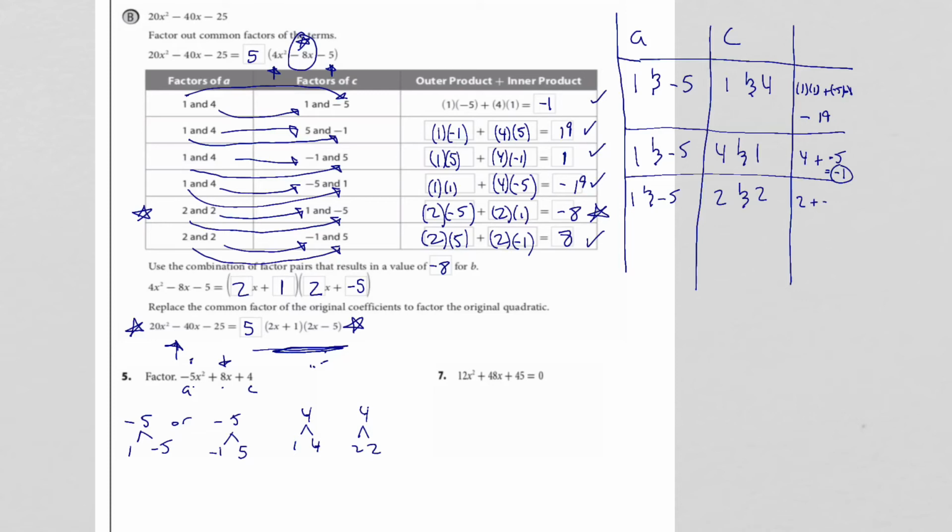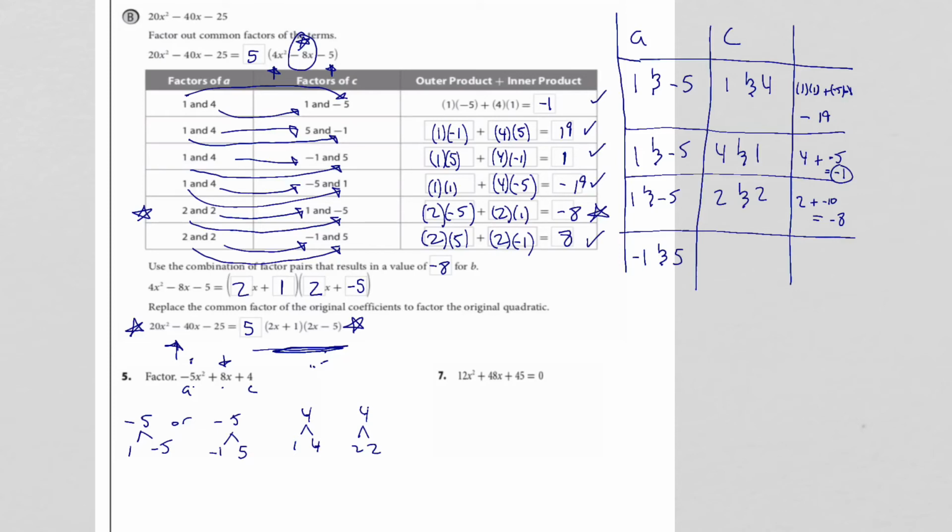So 2 plus a -10, that equals a -8. We're looking for a +8. All right, +8. So if we're looking for a +8, the 1 and the -5 isn't going to work. What about a -1 and a +5?